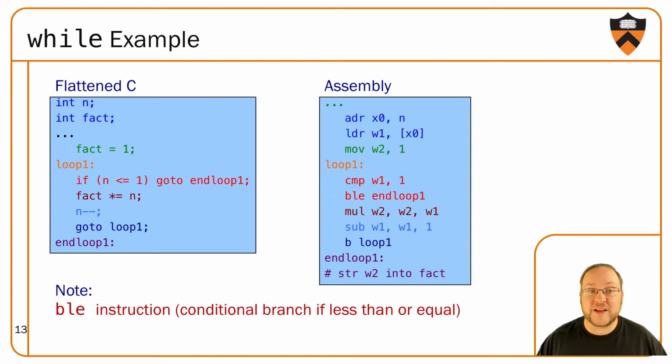Otherwise, if it doesn't fail, the maroon is a multiplication to accumulate fact in W2, and the light blue is a subtraction to decrement n in W1. So note that we could write these values out to locations in memory every time we change fact and every time we change n. We could write the values out to where the variables live in memory. But frankly, it would be silly inside the context of a loop.